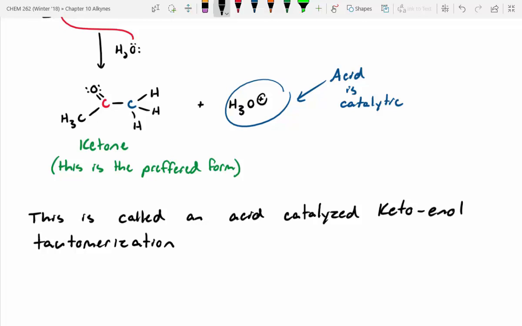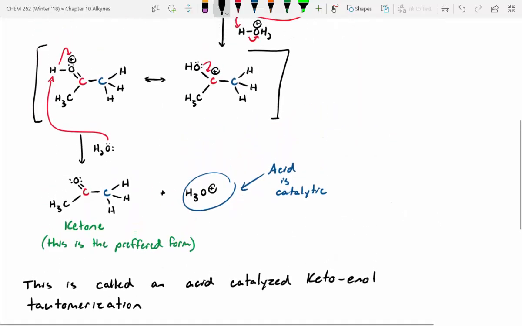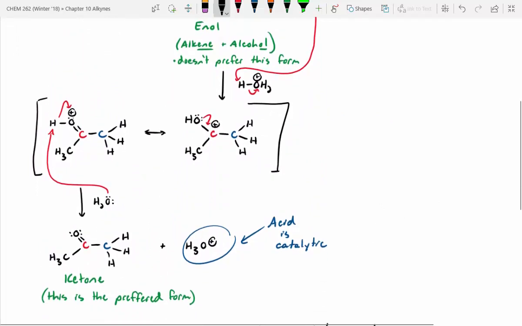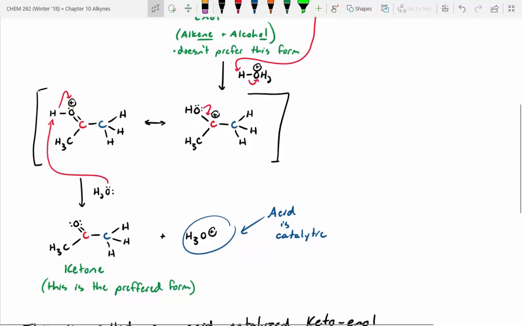Tautomerization is basically a fancy word for moving around protons. So if you look, we didn't change the molecular formula at all. In the first step, we added a proton, and in step 2, we removed a proton. So all we did was shuttle protons around in this reaction. So this is pretty common to see in organic chemistry, this keto-enol tautomerization. We'll see it a lot in the chapter on ketones in particular.